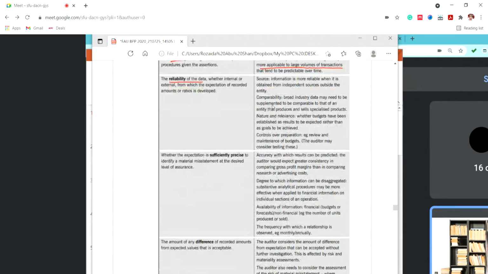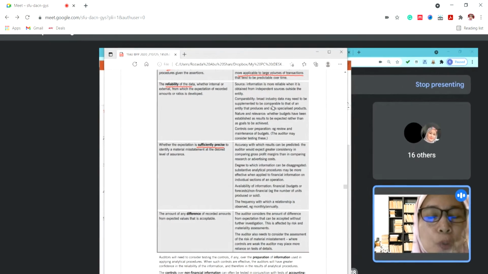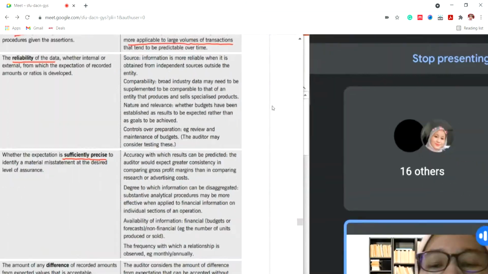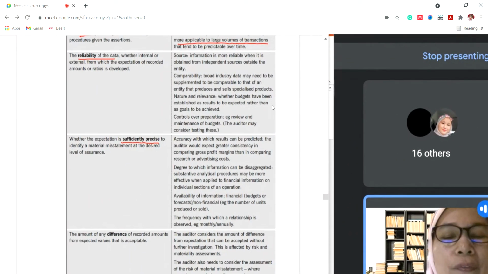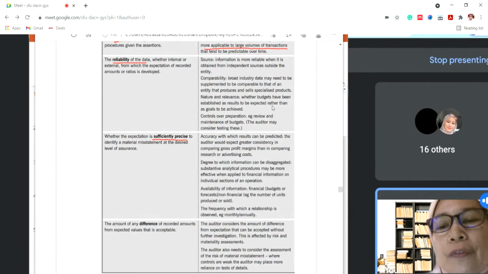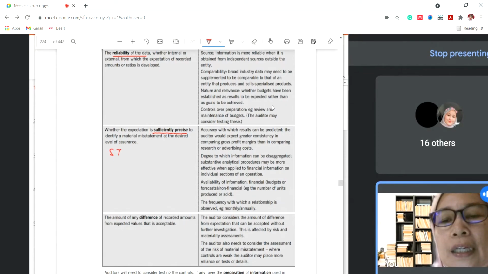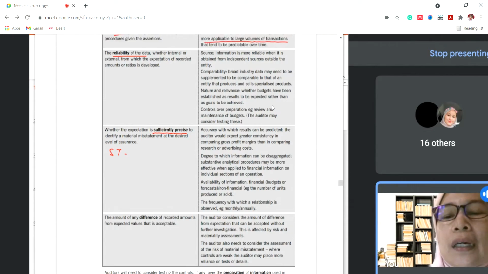And when you think that you expect it is more precise to you, okay, to perform the analytical procedure during the desired test or level of assurance. So means if you perform the substantive procedures, okay, at that particular item, then let's say you have performed the details of test.